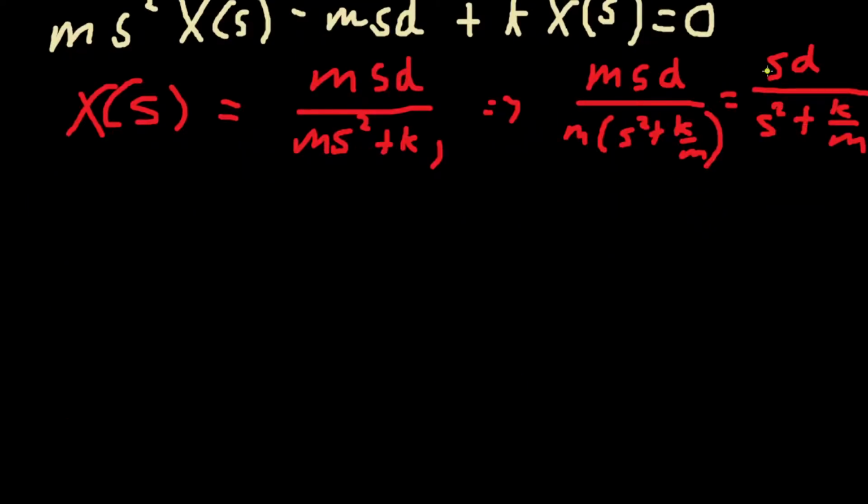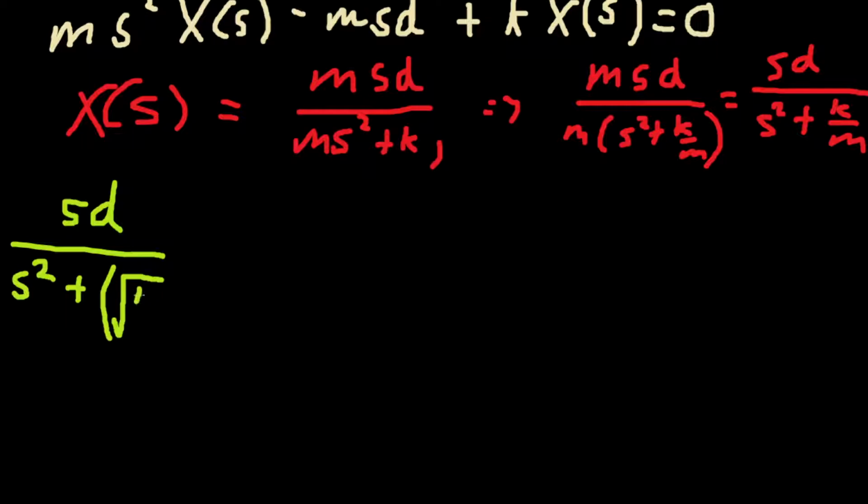Okay, and we can write k over m, and I'll show you why I'm doing this. We can write k over m as the square root of k over m, squared. And I'll show you why.